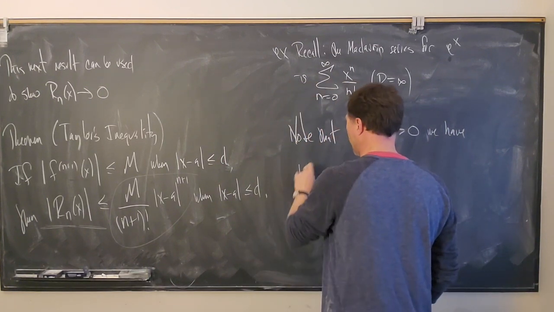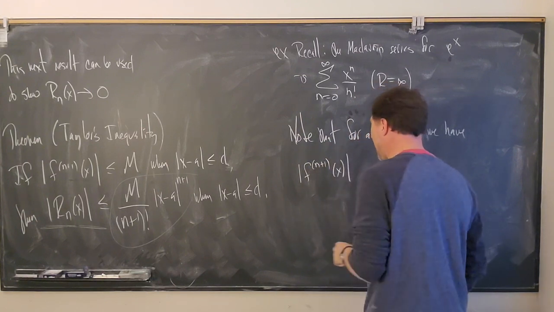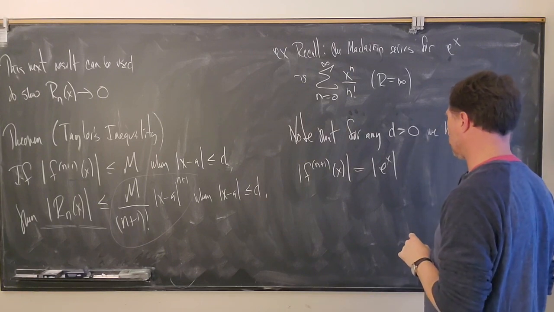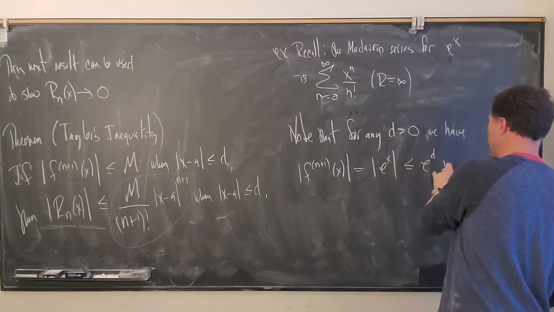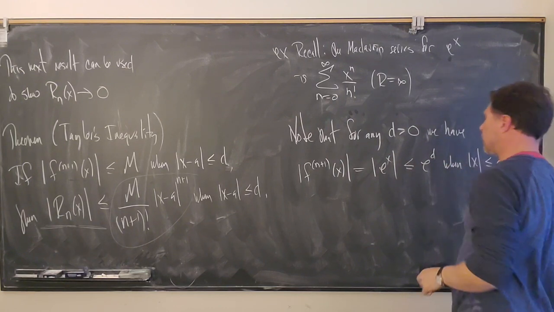The n plus 1th derivative of e to the x is just e to the x. And that will be less than or equal to e to the d when absolute value of x is less than or equal to d.